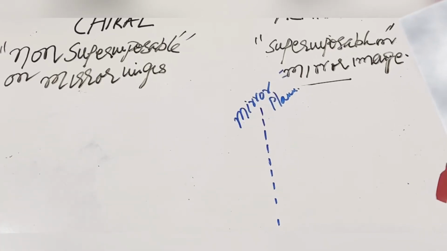So we can check achirality in the alphabets also. I just showed you the alphabet I. It was simply superimposable on its mirror image. It was easily placed on top of the other, right?